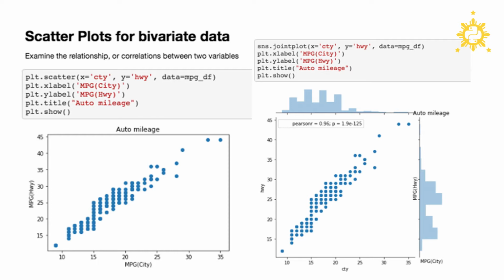The joint plot does the same thing as your scatter plot in Matplotlib, except that it also provides histograms for each variable that you're plotting. So for data where you want to see the correlations, and if they're continuous data, you can use scatter plot or joint plot, depending on what kind of output you want. You'll notice that everything here has been very simple so far. We'll get a bit more sophisticated in a bit.